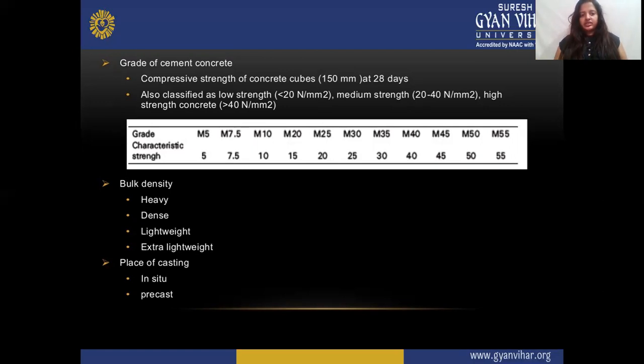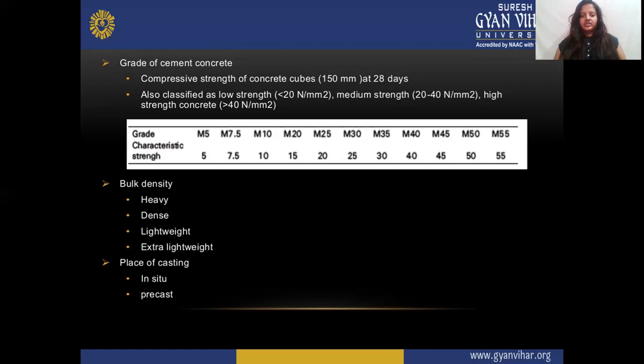There are different types of grades of concrete, starting from M5, M7.5, M10, M15, M20, M25, M30, M35, M40, M45, M50, and M55.